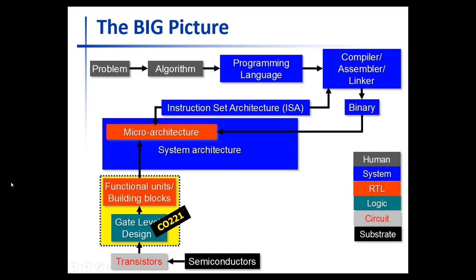So the functional units like adders, multiplexers, so all kinds of different logic circuits you learn, right? Gate level design and how to build functional units using gates. All these things you have done in CO221. And these transistors and stuff you will be learning in the electronics courses. So the lower level, at the very lower level, the concepts you will learn in the electronics courses.